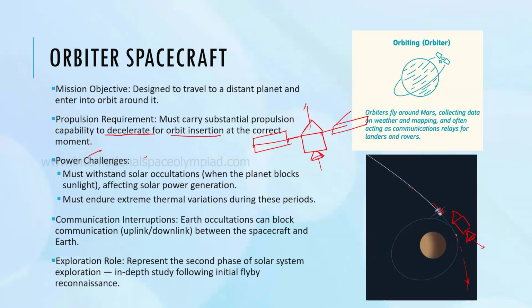This is called the reverse firing technique. When it is reverse fired, its speed decreases and becomes less than the escape velocity. Then the planet will automatically capture the satellite, and it will start to orbit around it.